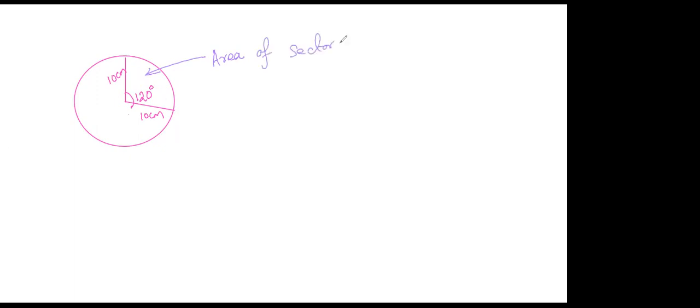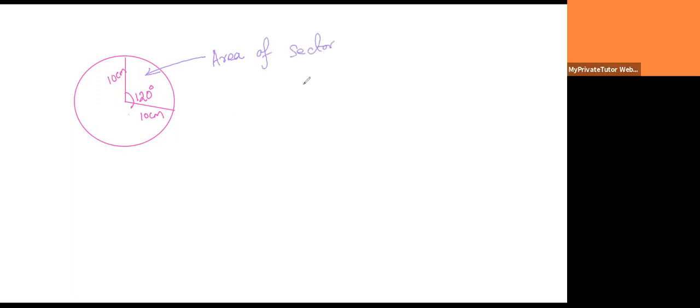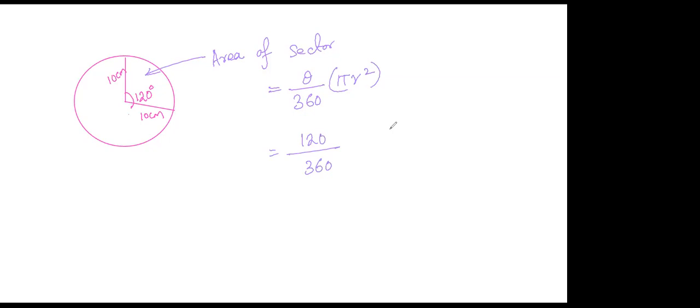So how do you find that? Area of a sector equals theta divided by 360 times pi r square. Theta is the value we have here. So 120 divided by 360 times pi r square, which is 100. Shall I write 100 pi directly?